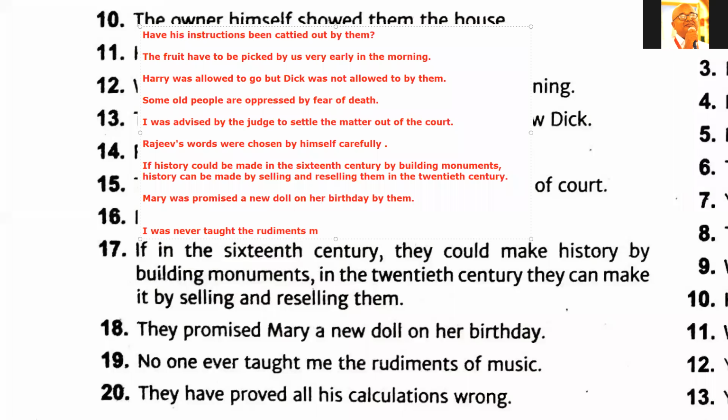Rudiment means the basic. For example, if you want to learn music, you have to learn the basics. You have to learn the sur. Sur means the various notes. Then you have to learn tal. Tal means the rhythm. And you have to learn the lay. Lay means the tempo, how fast the music should go.